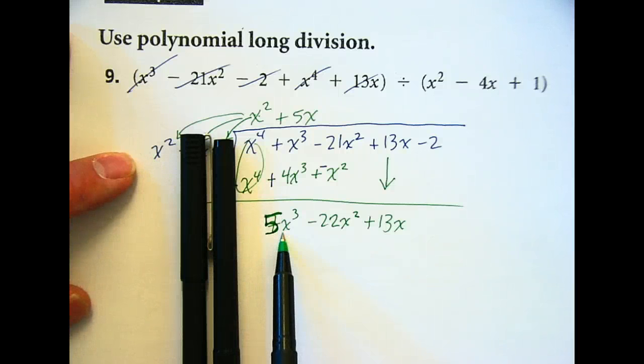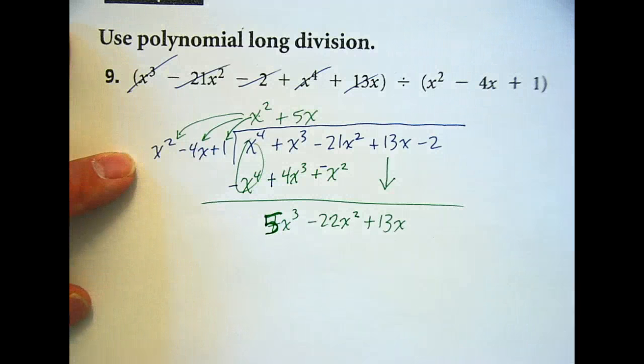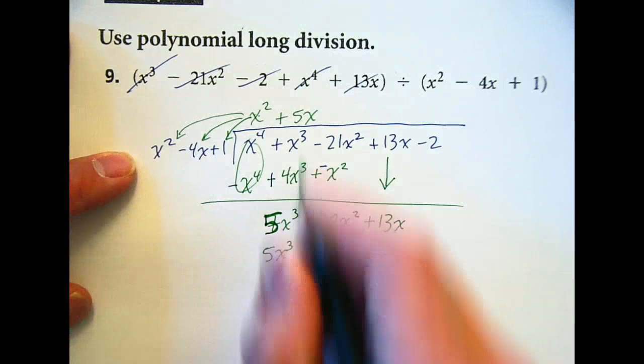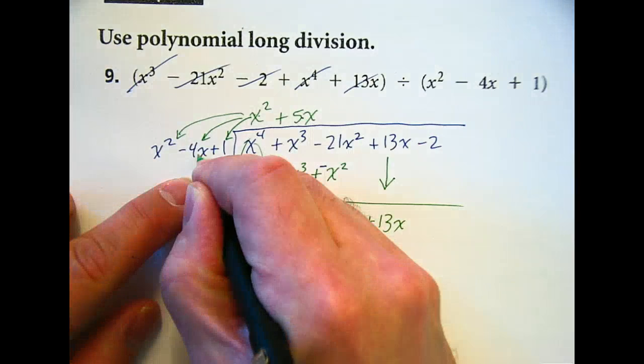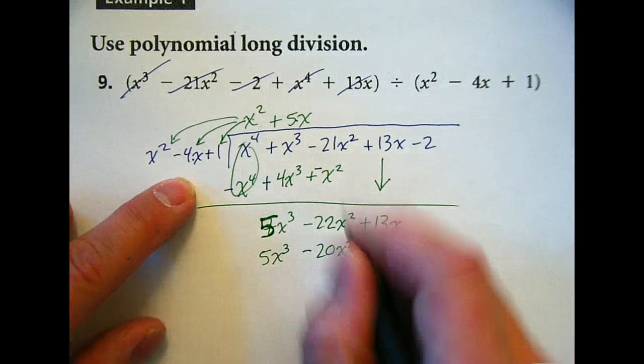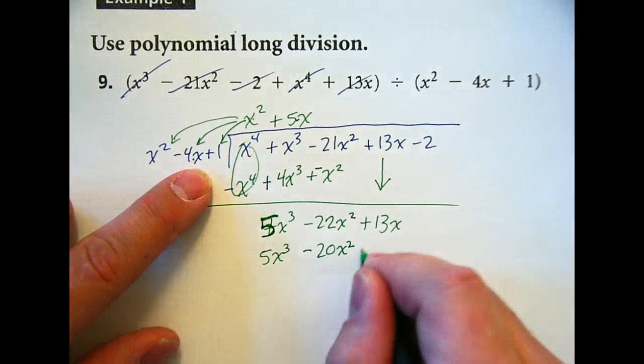So we get 5x cubed. And then 5 times negative 4x is negative 20x squared. And then 5x times 1 is 5x.